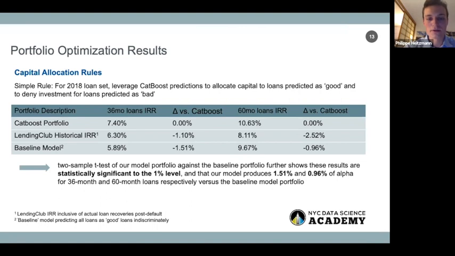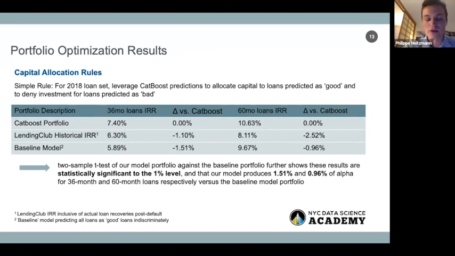So comparing our machine learning results against this baseline model gives you a good idea of how to think about your results in the aggregate. In this case, you can see that our CAP-based portfolio produced 1.5% IRR outperformance on the 36-month loans, and 1% outperformance on the 60-month loans.